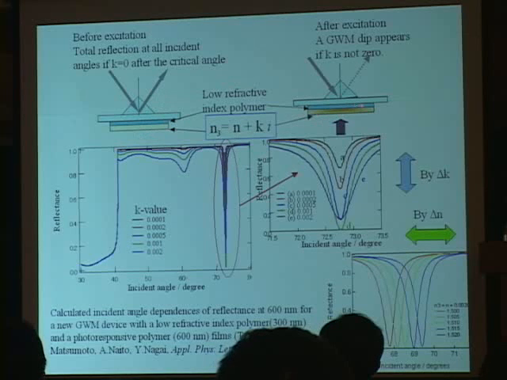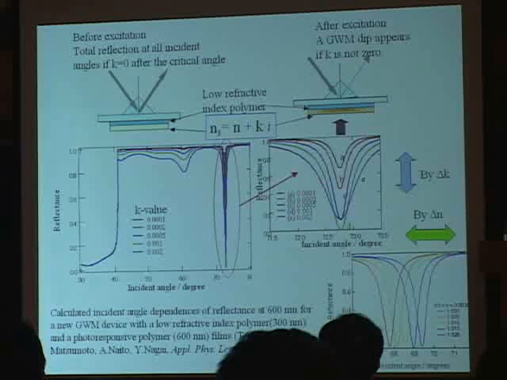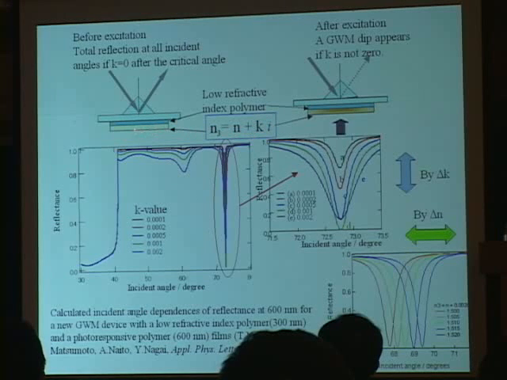So the light is confined here. So this incoming light will not come out at this incident angle. And this condition is controlled by many factors. One is the imaginary part of this polymer film and the real part of this polymer film.